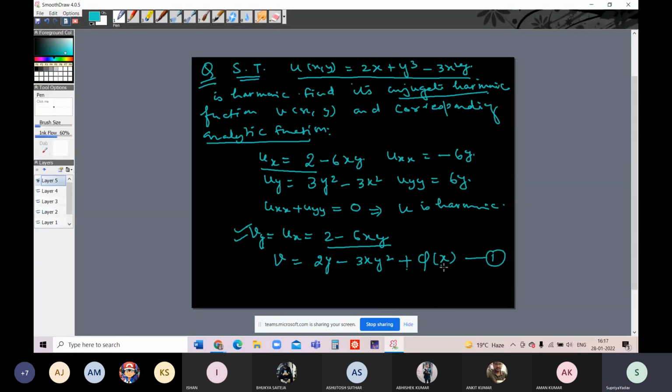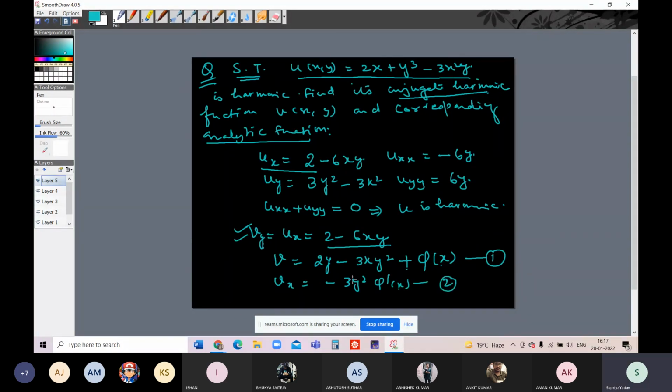Now again differentiating equation 1 partially with respect to x, we write v_x, which will be −3y² + φ'(x). Say that it is true.